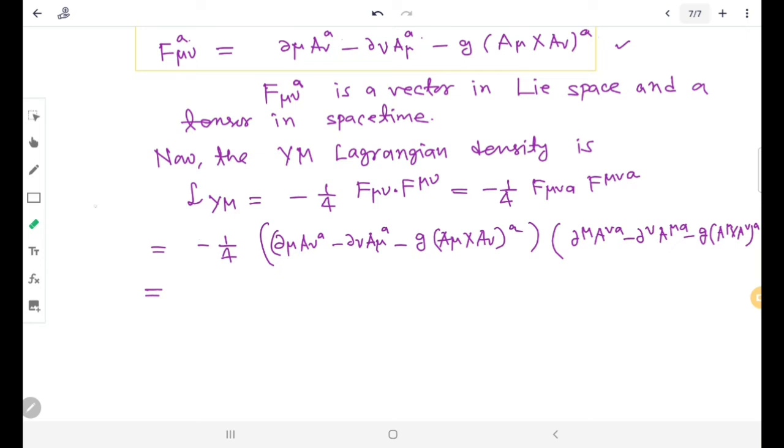Let us do one thing. We can throw this minus 1/4 to this side, so this will be minus 4 L YM, and this will be partial mu A nu. Let me write it explicitly, then we shall work it out.